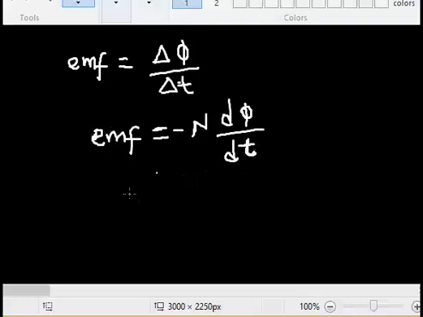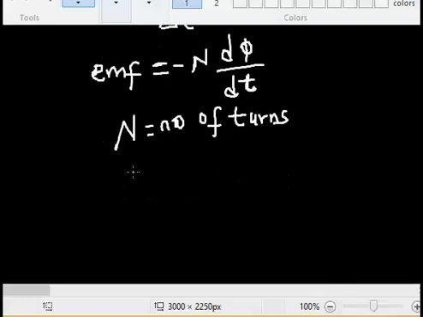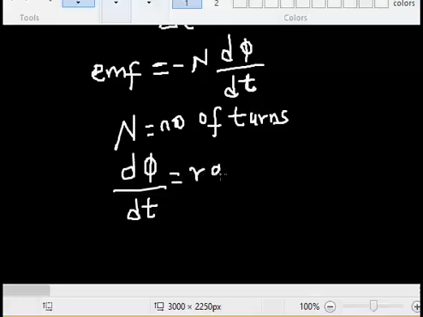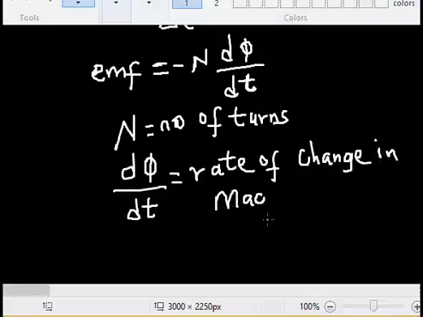Now I will illustrate these parameters. N represents the number of turns of that particular coil, while the dΦ over dt represents the rate of change in the magnetic flux linking the coil.